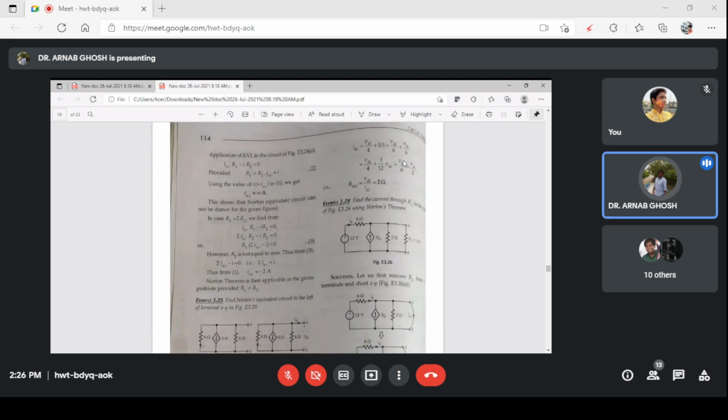See, ISC is coming out as minus 2 ampere.